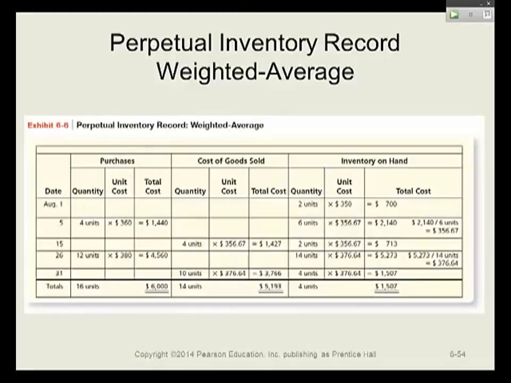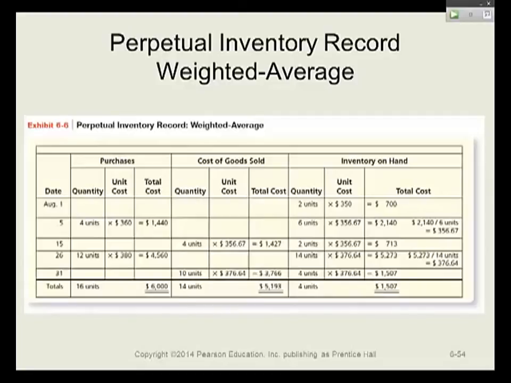We're going to pick this up. As I said, the next learning objective is dedicated to talking about this, but I will answer the question. In a period of rising prices, what you really need to understand is how the methods are described. FIFO assigns the most recent cost to ending inventory and the oldest cost to cost of goods sold.